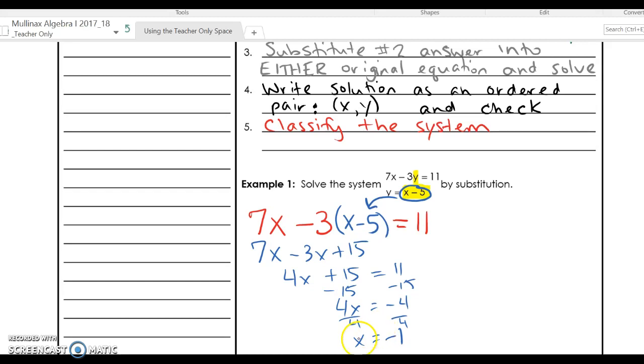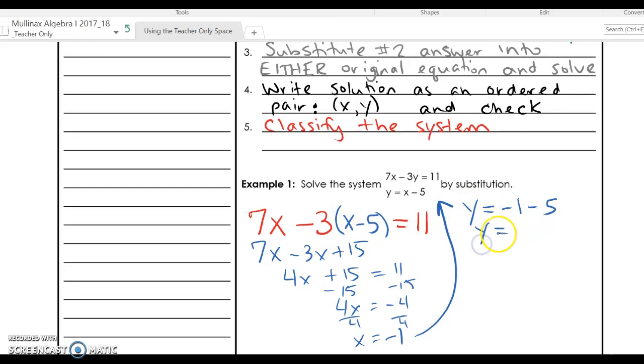So now that we know what x equals, we can go back to these original equations and substitute again what x equals to figure out what y equals. Now obviously it would be really easy to plug in -1 for x in this equation that already says y equals. Y equals -1 minus 5.